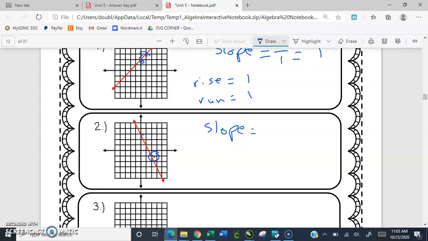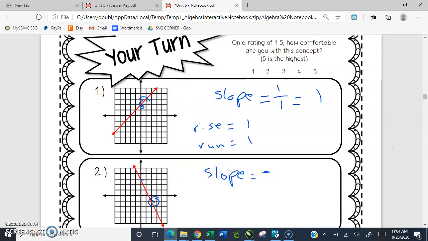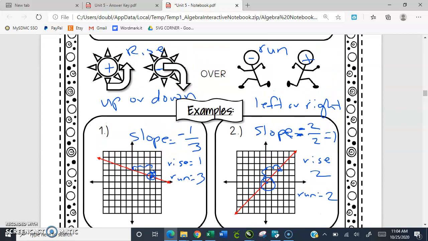Now looking at that, it looks like it's going down, so I know my slope is going to be negative. But we can use the notes that we had, and it says that if you go up, that is positive, and if you run left or right, if you go left, it's negative. If you go right, it's positive. If you go down, it's negative.